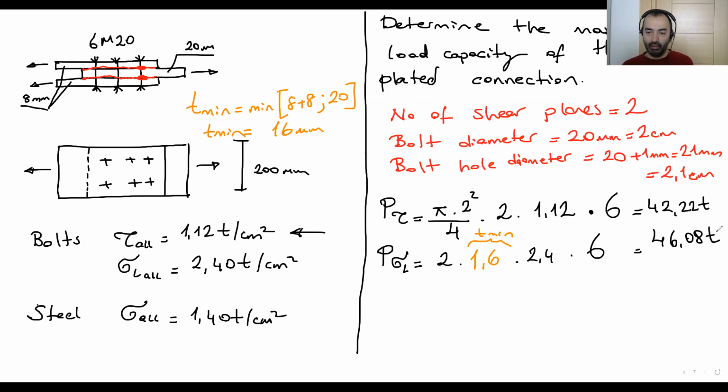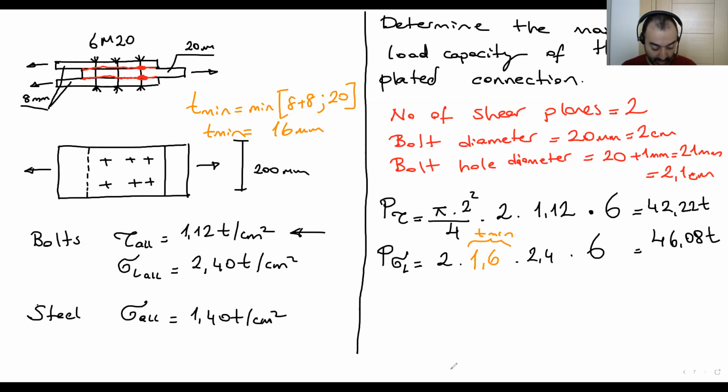Now we have the bolt capacities for shear and bearing stress. But what we are talking about here is the steel connection capacity. So here we have to consider the capacity of the steel plate.